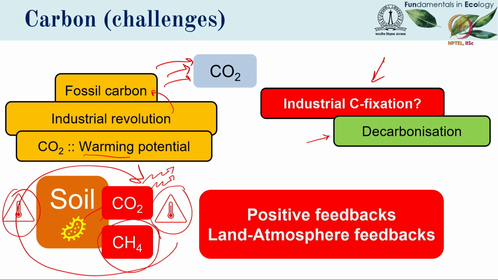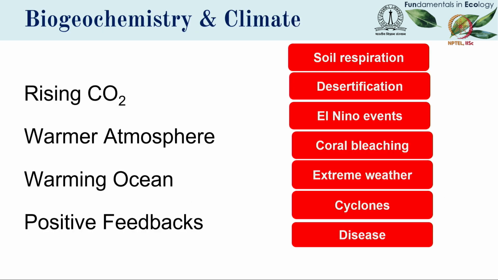Methane, just like nitrous oxide, is a very potent greenhouse gas. So small quantities of methane in the atmosphere have the same effect as large quantities of CO2. That's another problem associated with the carbon cycle, and it's because of these positive feedbacks between warming and carbon release, which further creates more warming. These feedbacks are broadly called land-atmosphere feedbacks related to the carbon cycle.